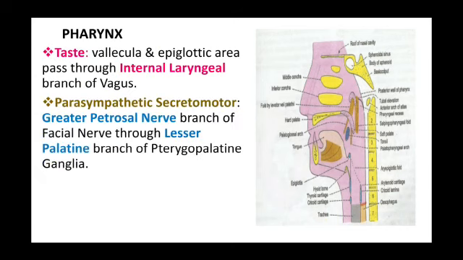Taste sensation from the vallecula and epiglottic area passes through the internal laryngeal branch of the vagus nerve. Parasympathetic secretomotor nerve is derived from the greater petrosal nerve, which is a branch of facial nerve, through the lesser palatine branch of the pterygopalatine ganglion.